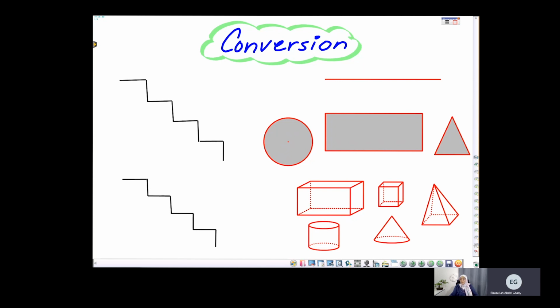Like the cone, it has a radius and a perpendicular height, and so on. For a 3D shape, we can find volume, and not only volume, we can also find surface area.